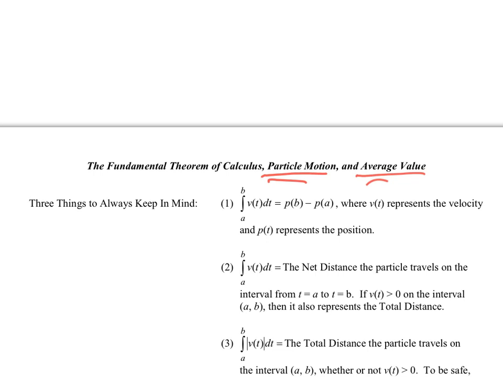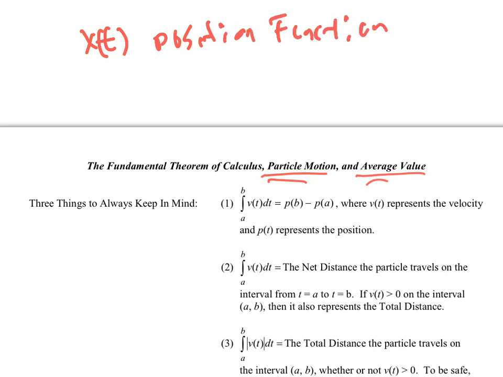If you start out with a position function, I'm going to call it x of t. Let x of t be the position function. If I take the derivative d/dx of x of t, that is x prime of t.